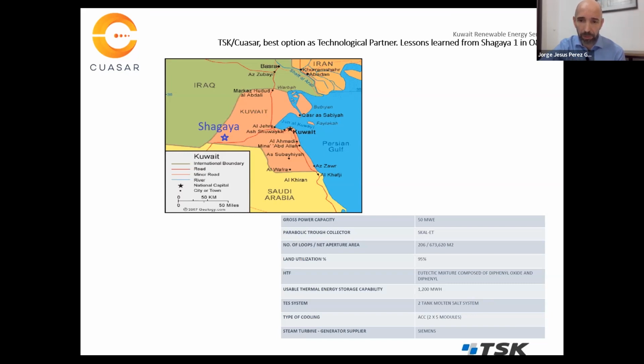I don't want to go through all of them, but the most important thing is something that Christoph was mentioning in his presentation: that we can store energy to produce electricity during the night. In this case, the technical data is 1,200 megawatt thermal hours of storage. But the thing to remember is that we can produce electricity for 10 hours at night.